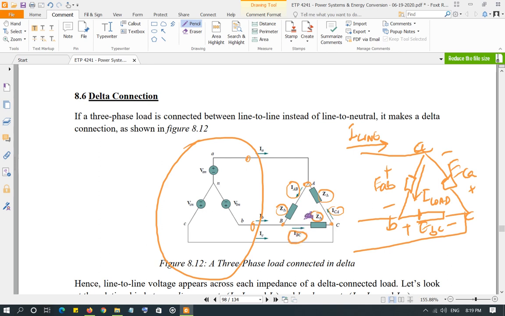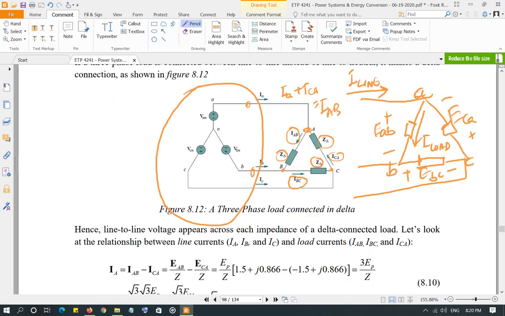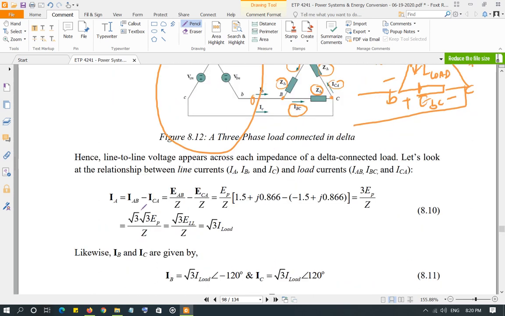These are load currents. So as you can see at this node, if I want to write down the KCL equation, IA is going towards the node and ICA is going towards the node. So IA plus ICA will be equal to IAB, right? So when you solve this, IA is IAB minus ICA.